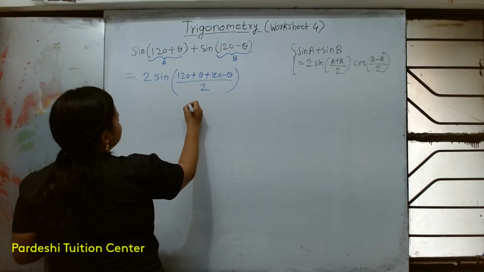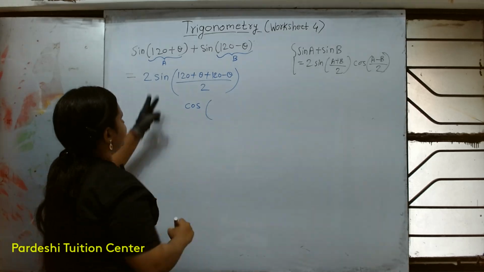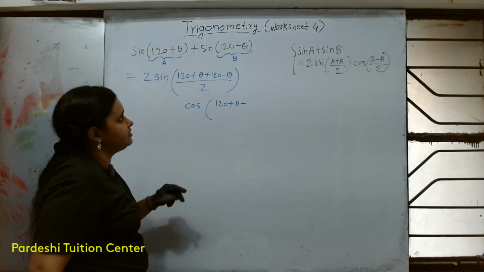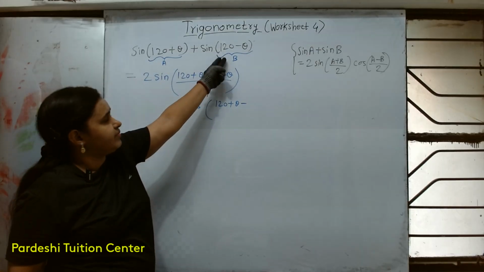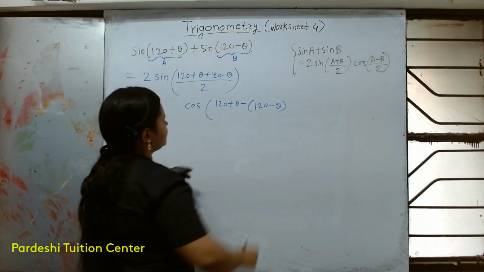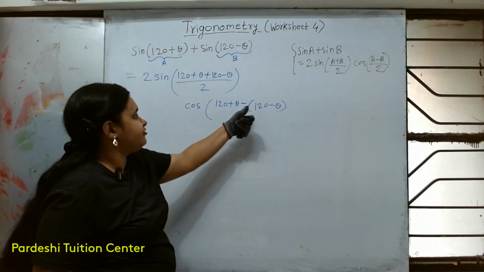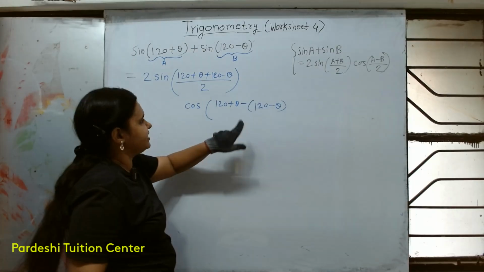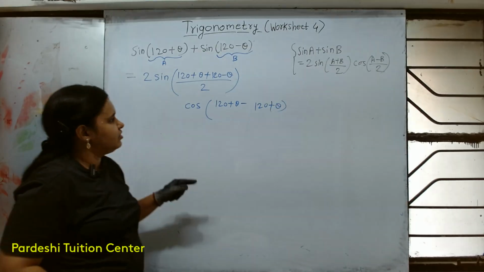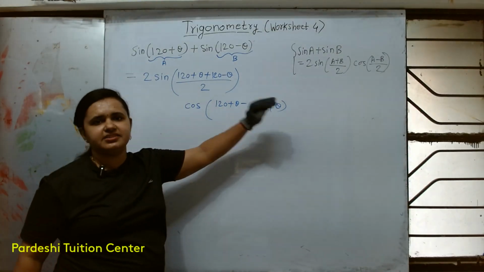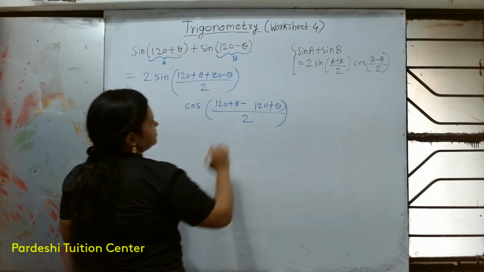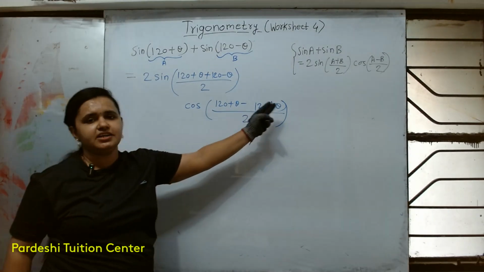So cos of (120 plus theta) minus (120 minus theta). If I multiply the minus inside the bracket, it will be minus 120 plus theta, all upon 2.